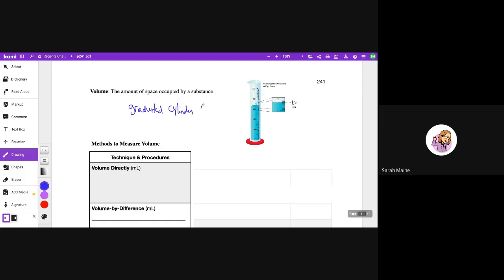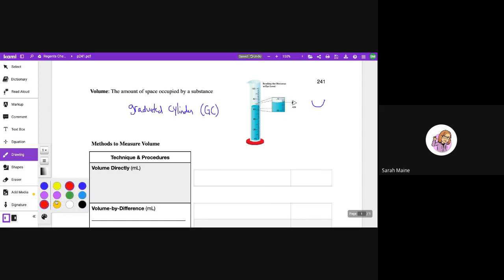And you'll see me throughout the school year in our notes just abbreviate graduated cylinder as GC. So we have our scaling, and if you've ever noticed, the surface of the liquid is never truly a flat line across. There's a depression there, and so it's kind of like a smiley face. What I'm doing is exaggerated.